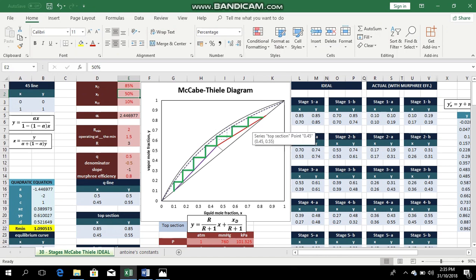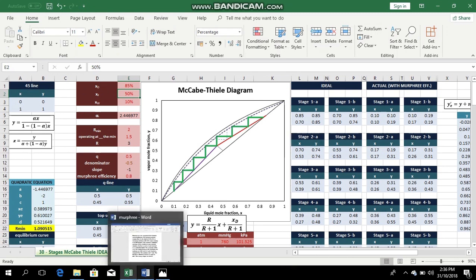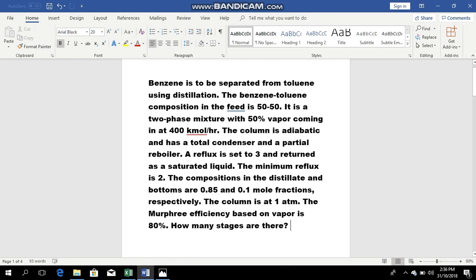If you ask about the Murphree efficiency, it was said that it is based on vapor.